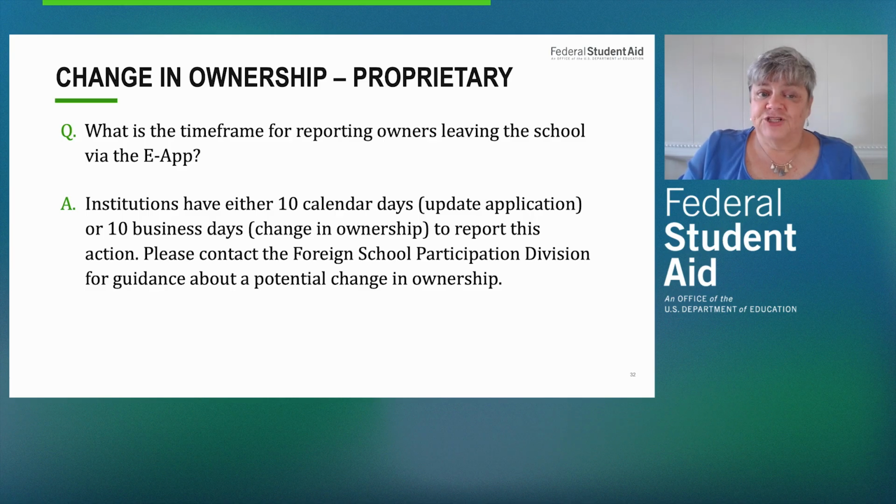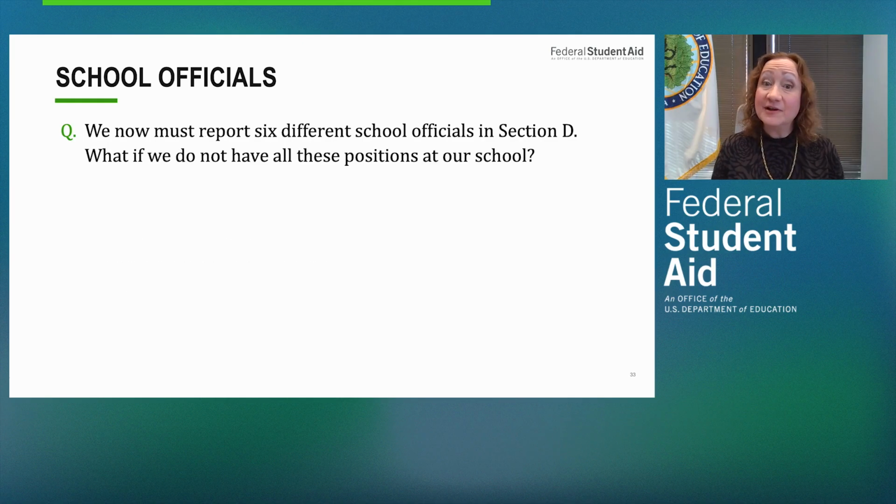However, if the action results in a change in control, then you're going to have 10 business days to submit a change in ownership application. It's best to contact the Foreign School Participation Division for guidance immediately to determine which type of EAP you should submit.